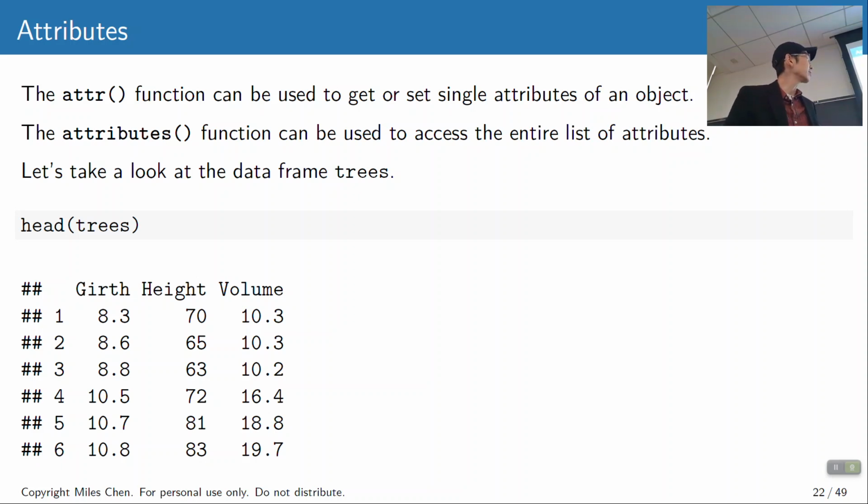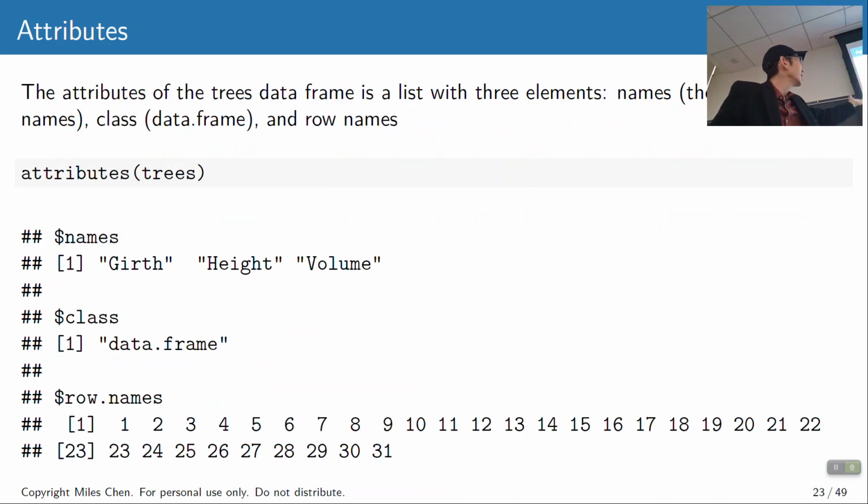Here we have this data frame called trees, with information about the girth of the tree, the height of the tree, and the volume of the tree. I don't know who collects information about trees like this, but whatever. I should learn more about this data set, because I don't even know what units are being used. Is a girth of 8.3 big? I don't know. But if you ask what the attributes associated with trees are, it's basically a little sheet of paper.